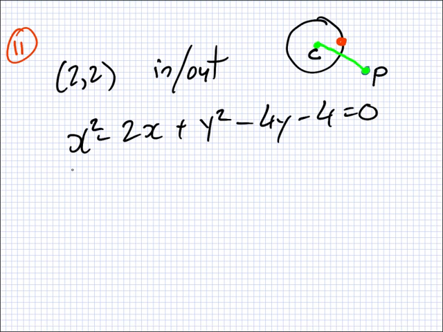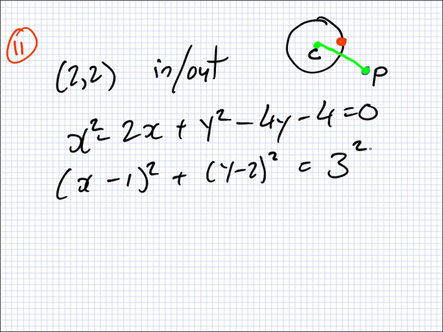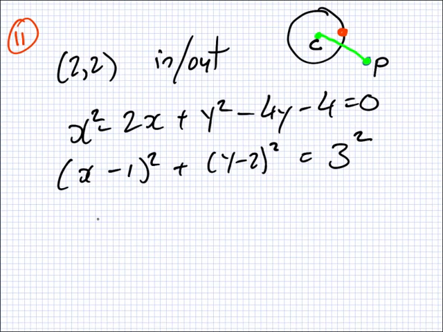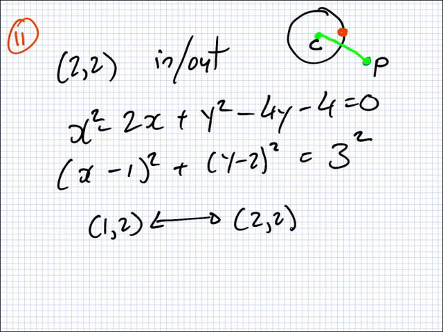So let's get the center. What would that be? X minus 1 squared plus y minus 2 squared equals 3 squared, is it? Yeah. The center is 1, 2, and we want the distance between 1, 2 and 2, 2.